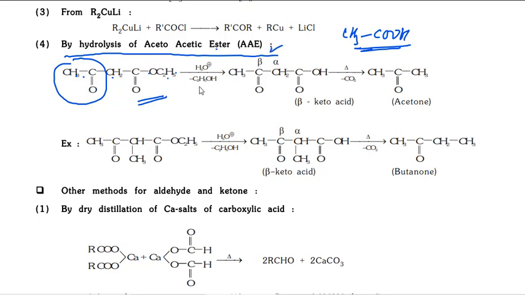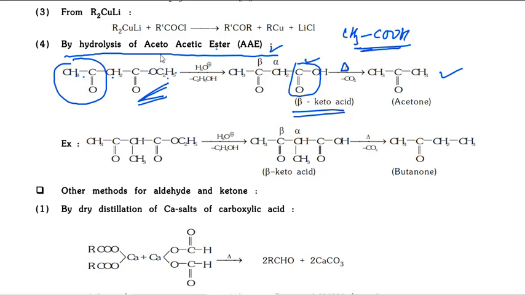Now by hydrolysis this ester becomes carboxylic acid. Now what is this? Beta keto acid. The beta keto acid, as in the last video also we discussed, by heating it will release carbon dioxide. The carbon dioxide is released from this carboxylic group, so we are getting ketone.